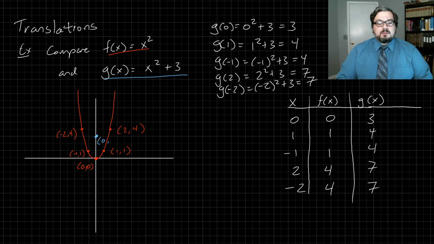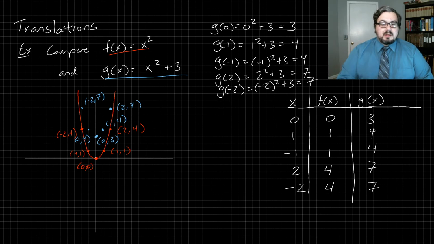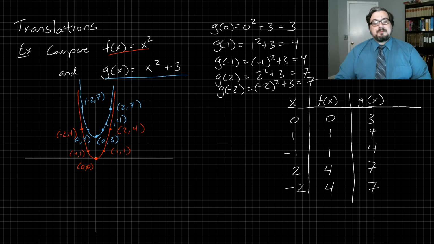So on g, we're going to have the point 0, 3, 1, 4, and 2, 7, -1, 4, and -2, 7. And so what we'll get is that our function g is also a parabola, but one that sits higher on the graph.